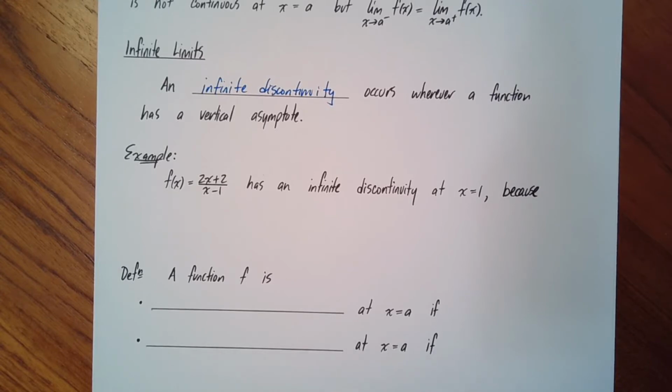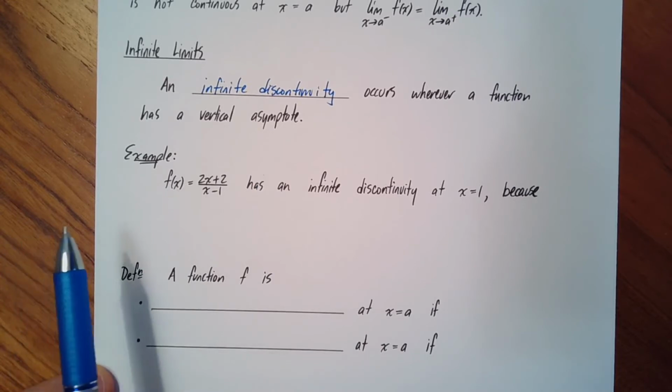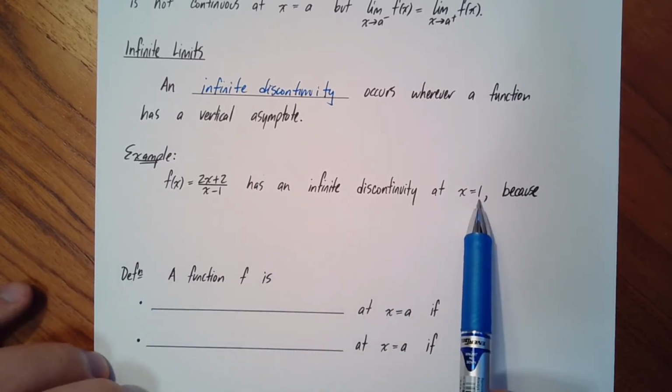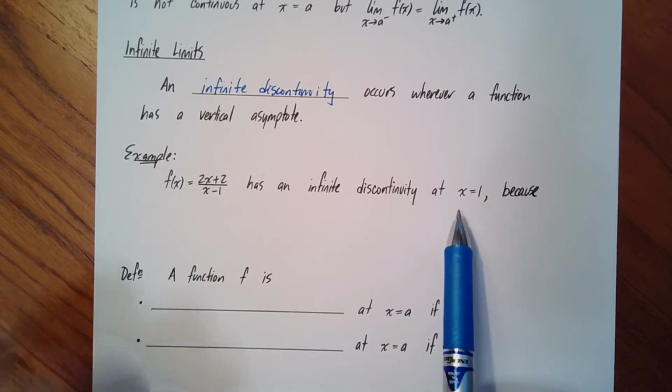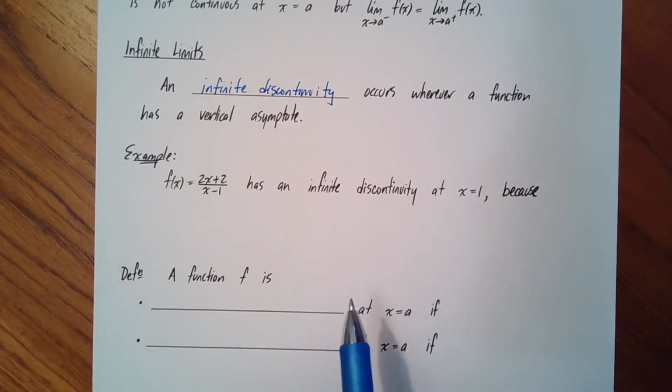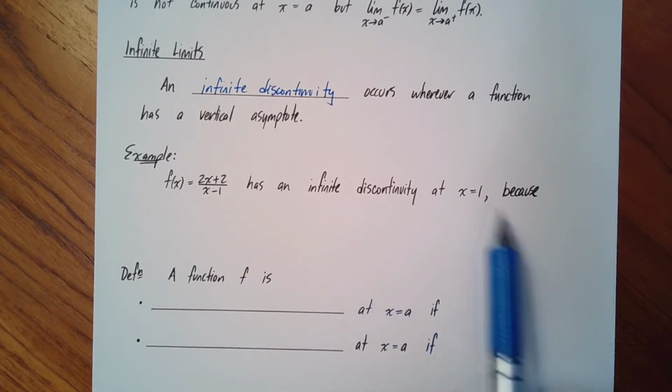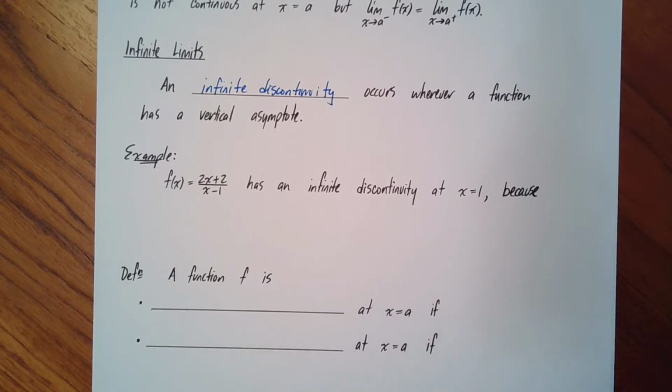Because what does it mean to have a vertical asymptote? Well, if I'm claiming there's an infinite discontinuity at x equals 1, to justify that, I have to show that there's a vertical asymptote at x equals 1. And remember that vertical asymptotes happen whenever the limit as x gets close to a value, either from the left or the right, the function either blows up to positive infinity or negative infinity.